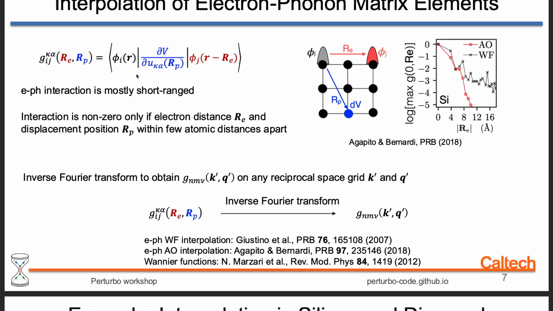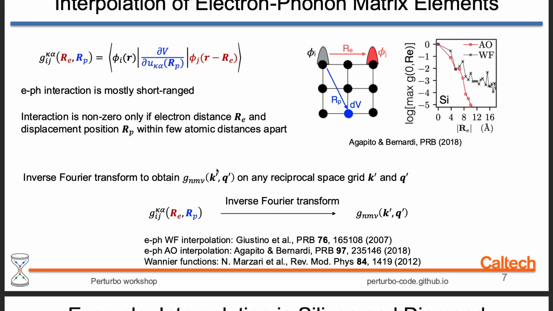There are sometimes long range parts, but those can be handled analytically. So the key part here is handling the short range part, and that part will decay quickly in these distances between the Wannier orbitals and from the Wannier orbitals to the atom that's moving.